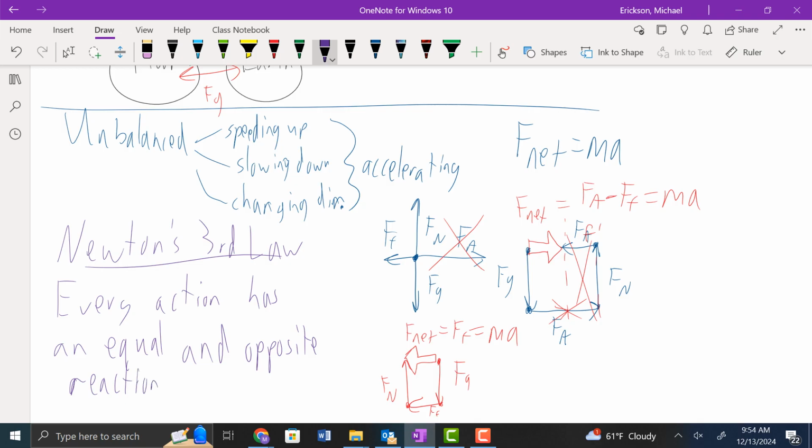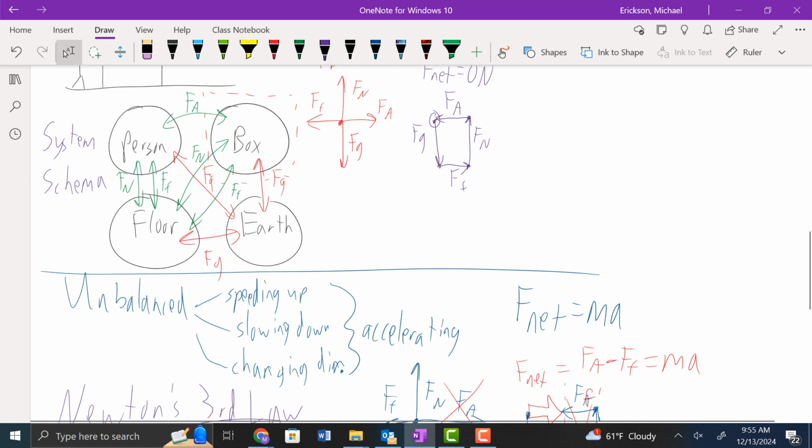If the box is being pushed up by the floor with force normal, the box also pushes back down into the floor. One thing I just want to point out, Newton's third law problems, you cannot find the Newton's third law pair in one force diagram. You can find it in a system schema. So in a system schema, this is the Newton's third law pair.